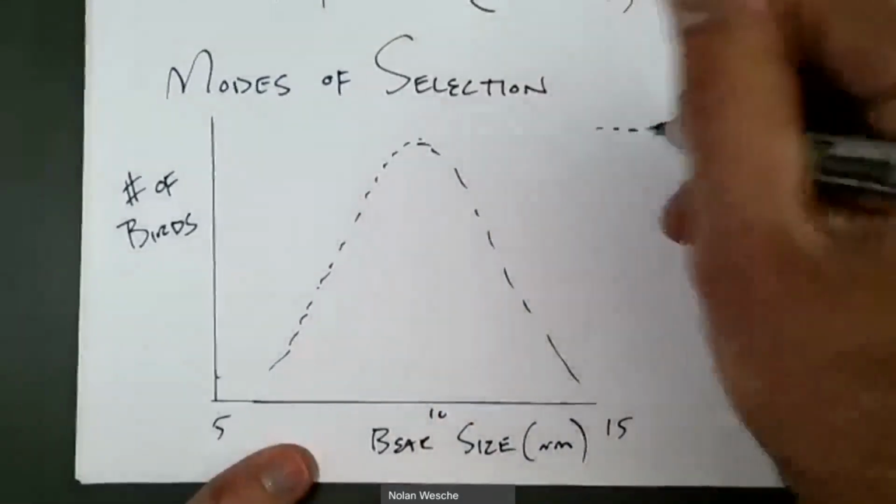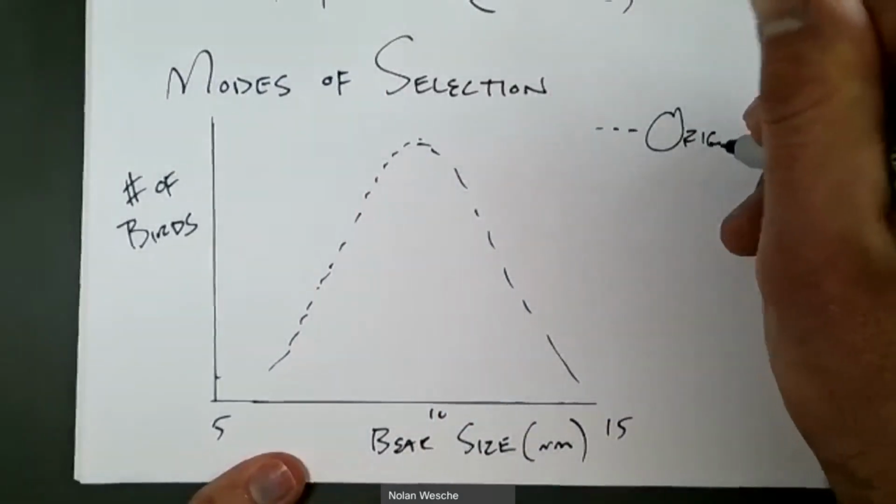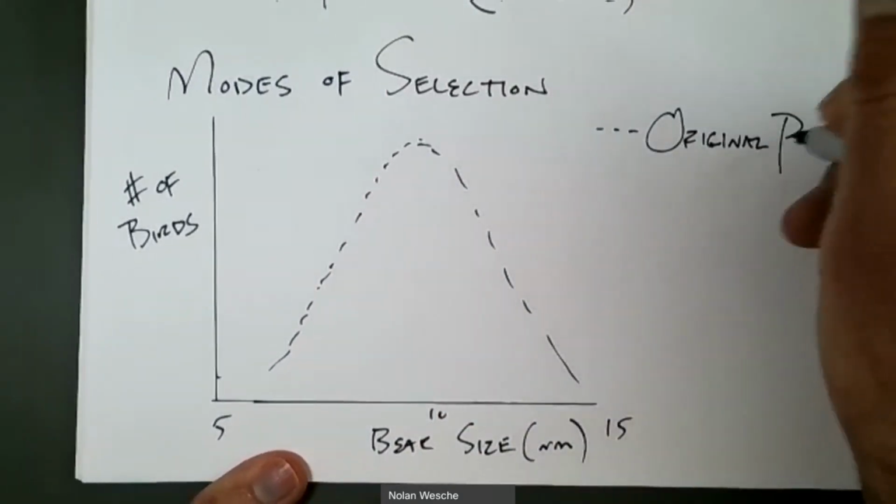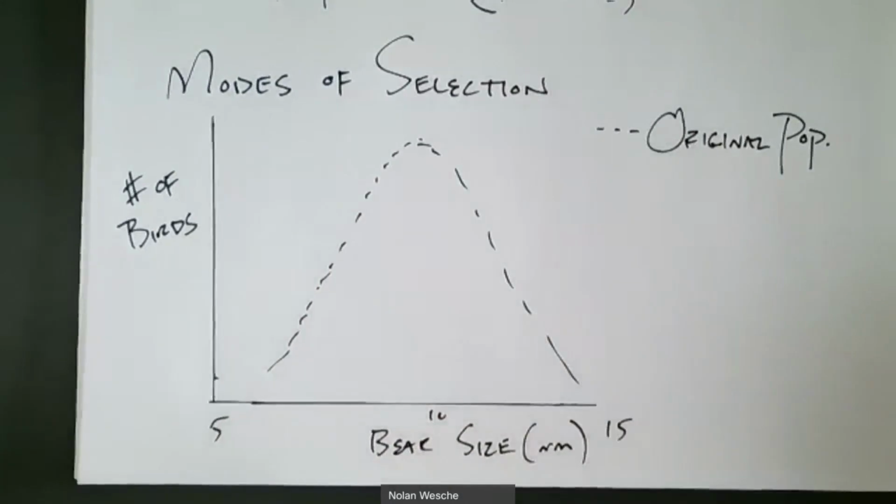So again, this is our original population. And let's say there's a drought, right? And this drought only leaves behind seeds that are quite large and spiny, and you need a really large beak to make use of these seeds.